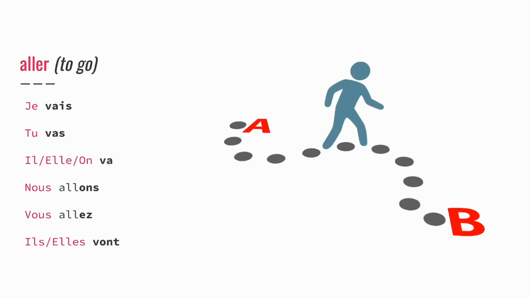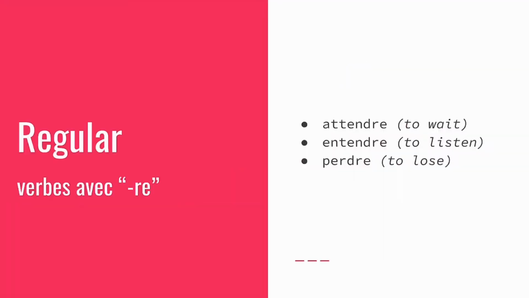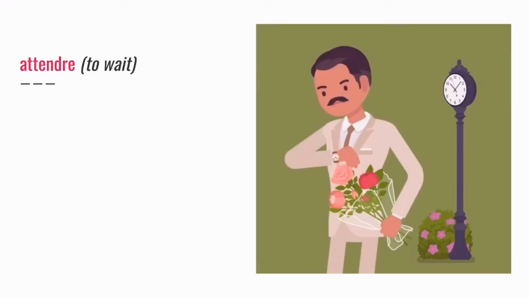So let's go to RE verbs next. This is the list of regular RE verbs, and we have attendre, entendre, and perdre. So let's conjugate attendre. For attendre, we remove the RE when conjugating with je and replace it with an S. For tu, it's the same.